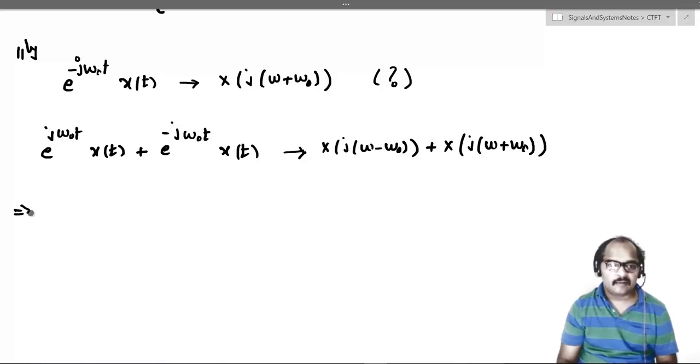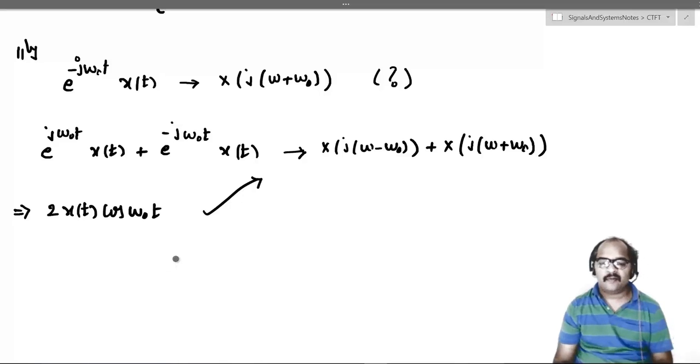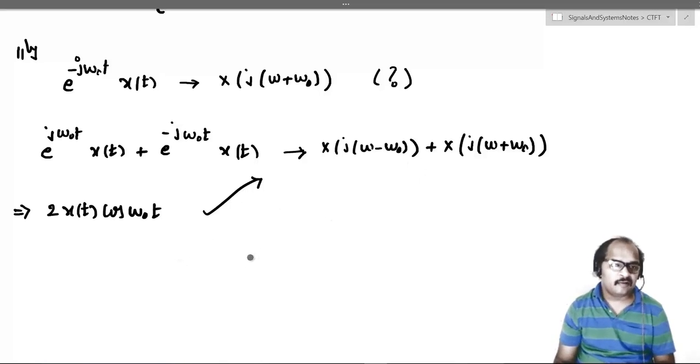So this implies 2x of t cos omega naught t, correct? So 2x of t cos omega naught t will have x of j omega plus omega naught plus x of j omega minus omega naught as the Fourier transform.